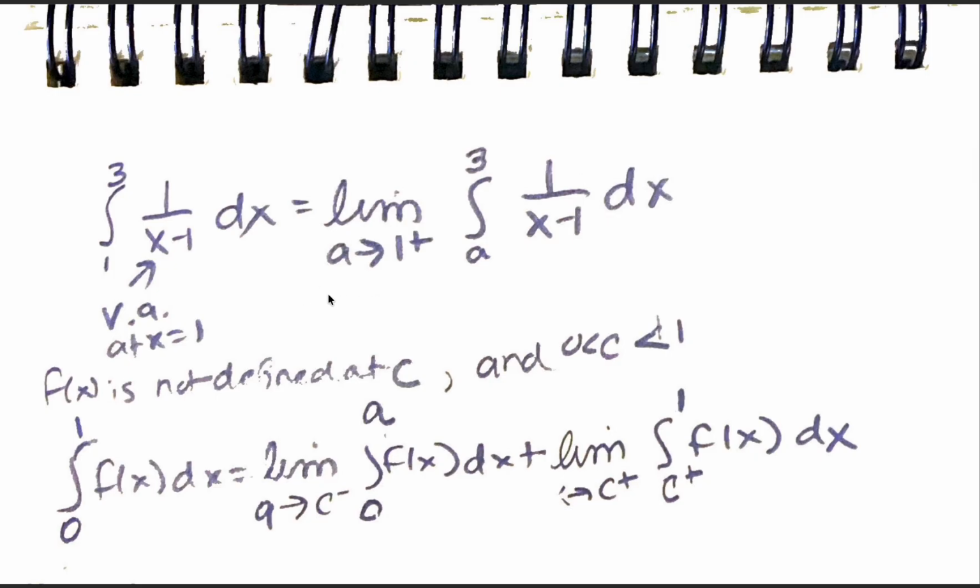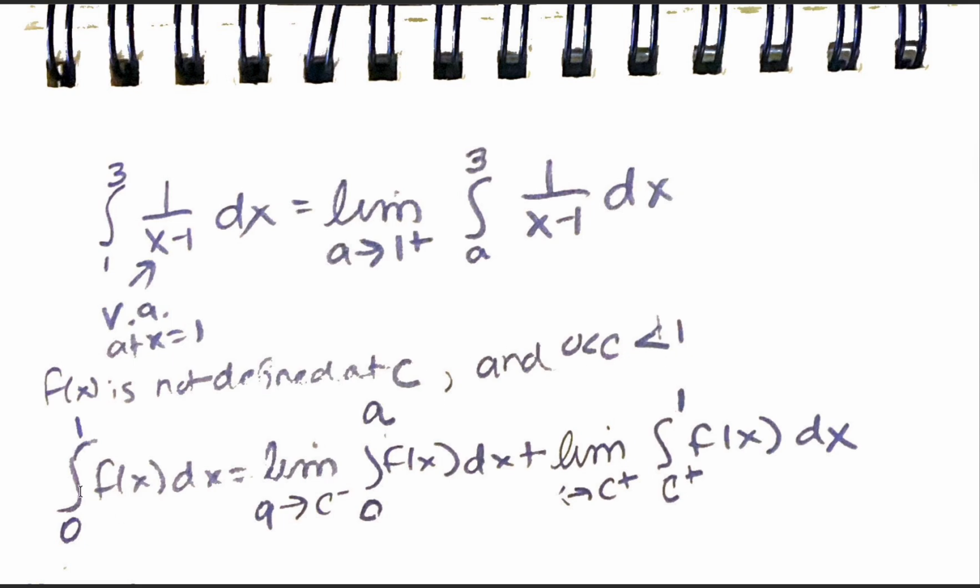Because in this case, we successfully prevent a from reaching the asymptote. If a is exactly 1, then everything will be meaningless. So f of x is not defined at c, and c is between 0 and 1.